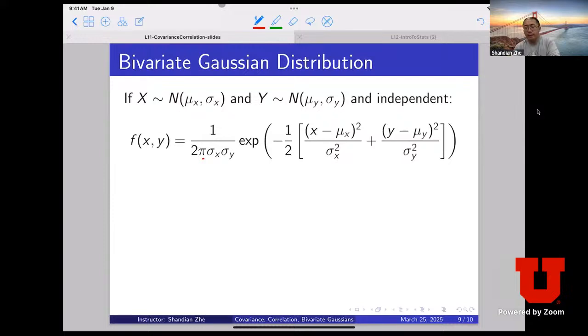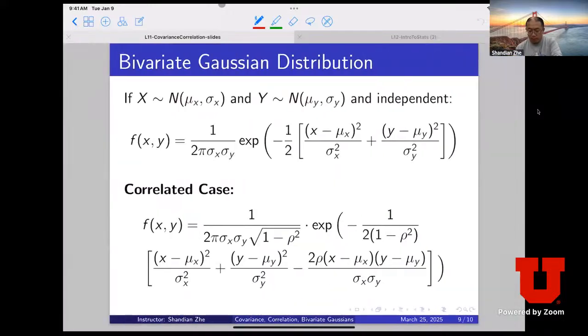But when x and y are dependent, what will the joint density look like? In a Gaussian distribution, if x, y are dependent, then their joint PDF will be characterized by the correlation coefficient.